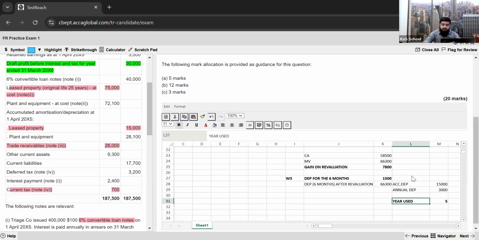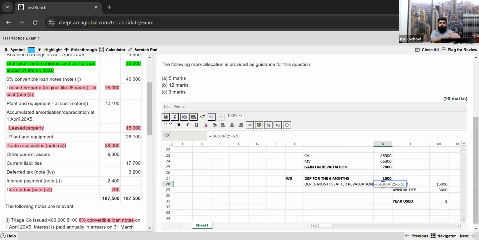So in aggregate, we have used 5.5 years, and out of 25, if we have utilized 5.5, the remaining useful life is going to be 25 minus 5.5, which will be 19.5.